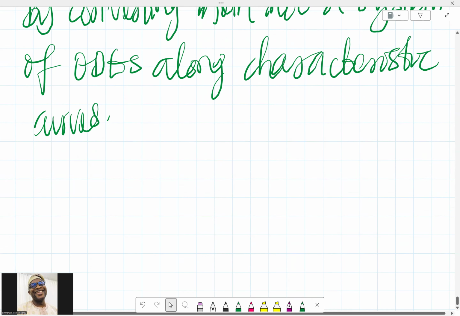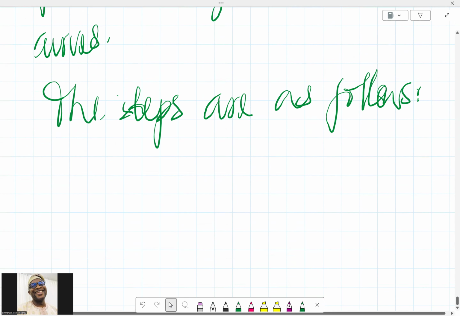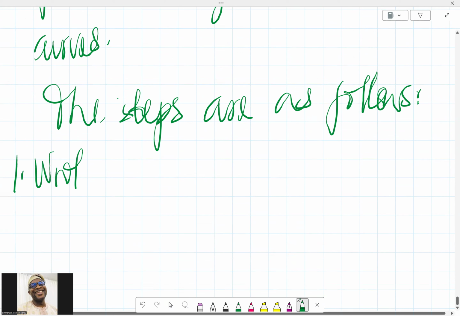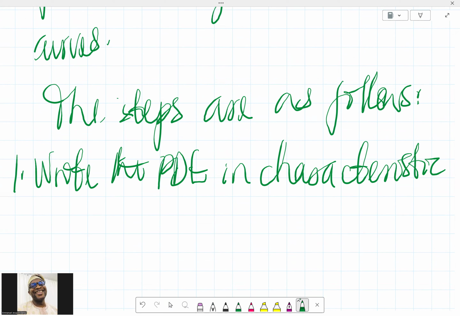Okay, the steps are as follows. Number 1, write the PDE in characteristic form.